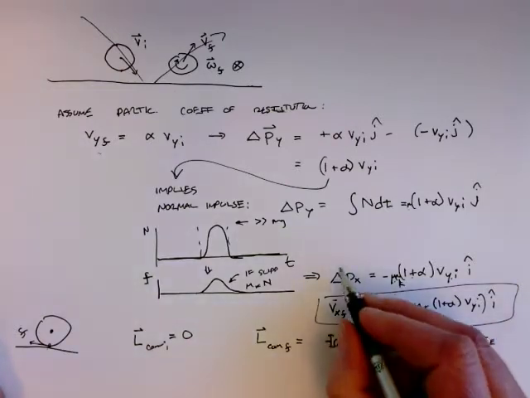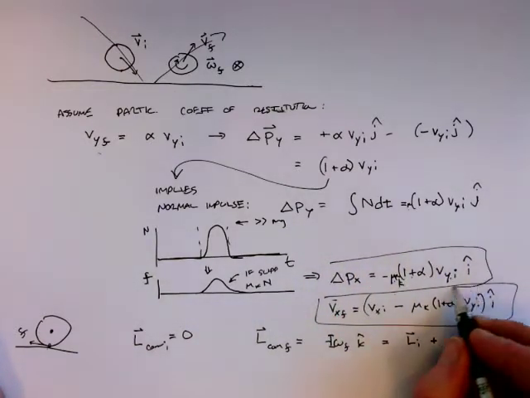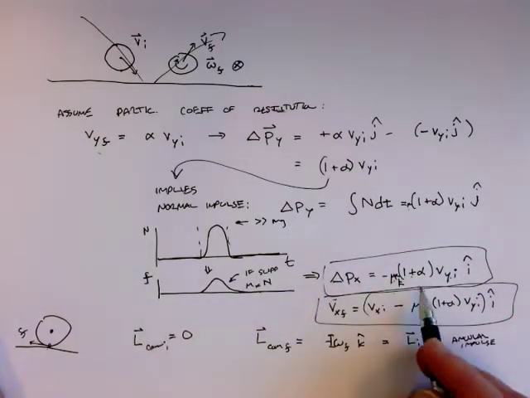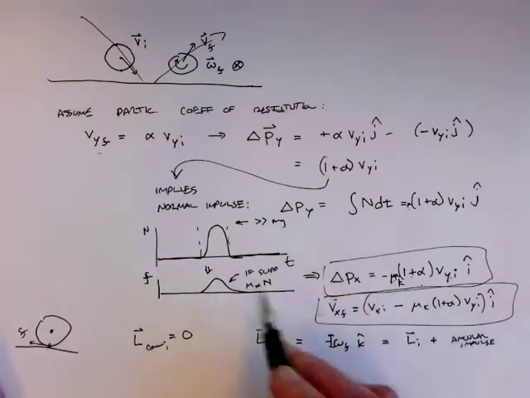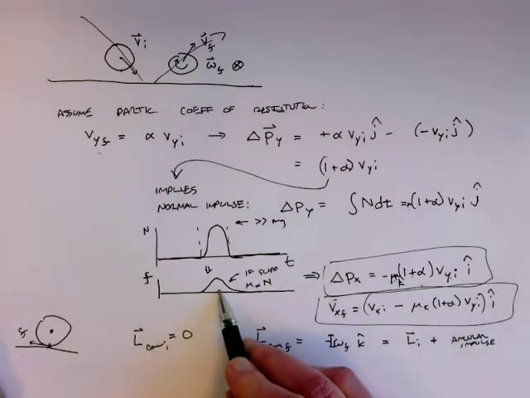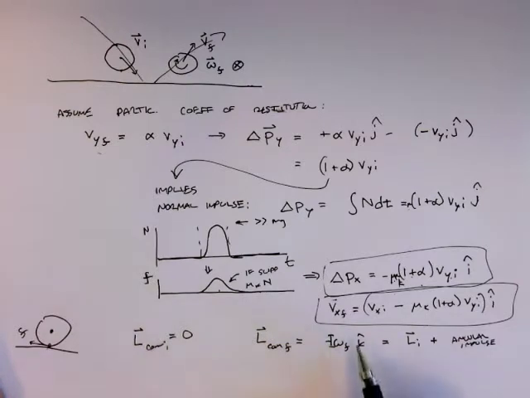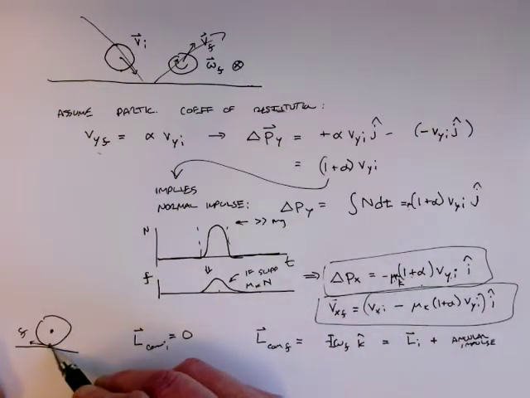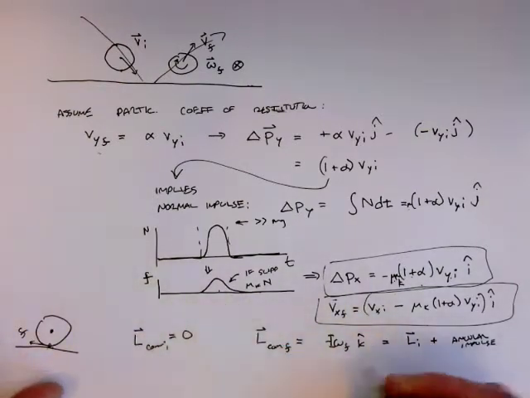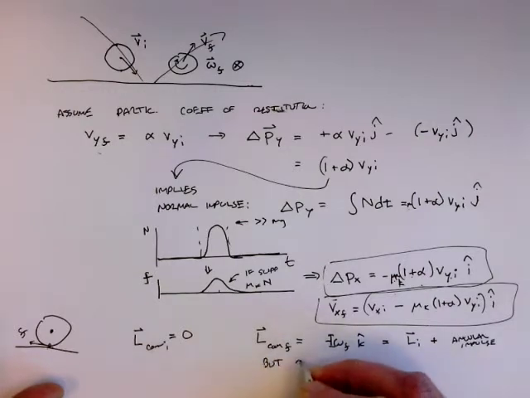Well, I know what the linear impulse in the x direction is. It's equal to the integral of this frictional force. And notice that the torque I'm getting is simply that frictional force times the radius of the ball.